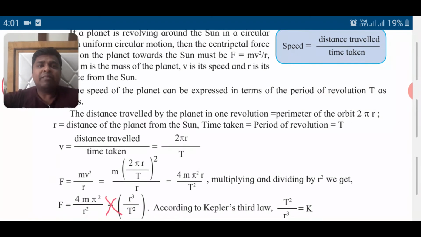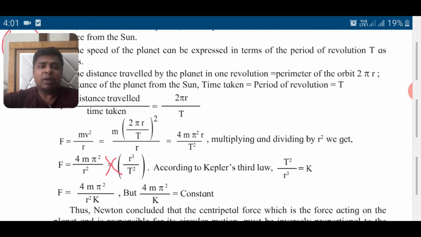Now we have the formula speed is equal to distance upon time, so 2πr/T. So we get F = mv²/r = m(2πr/T)²/r.